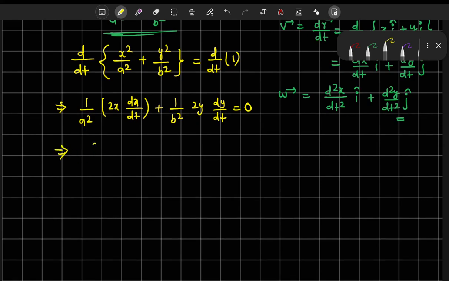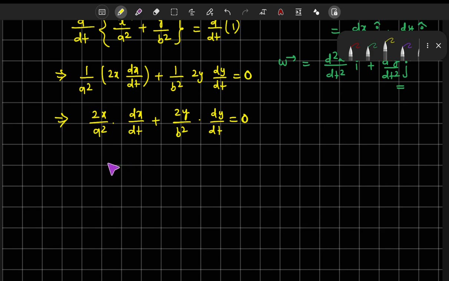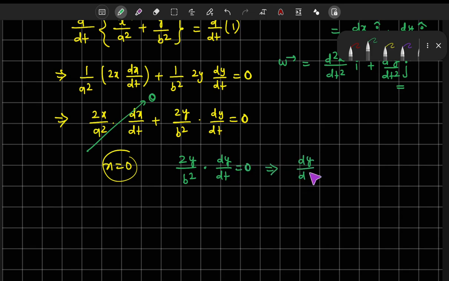So from here we get 2x/a² into dx/dt plus 2y/b² into dy/dt equal to 0. At the location x equal to 0, the first term will be 0. So we get 2y/b² into dy/dt equal to 0, and from here we get dy/dt equal to 0 at x equal to 0.